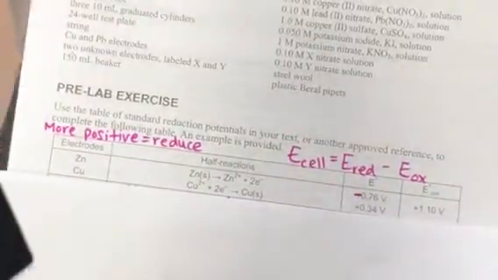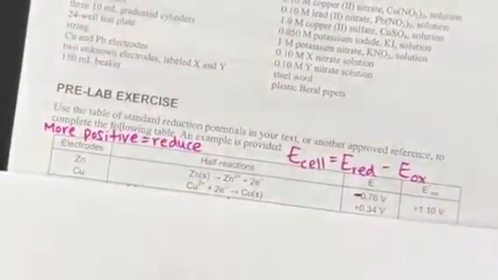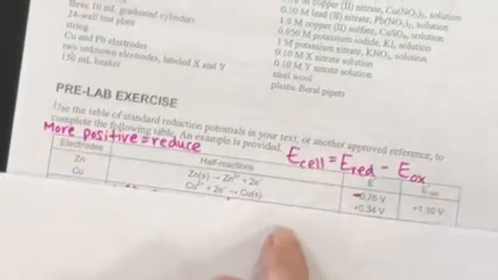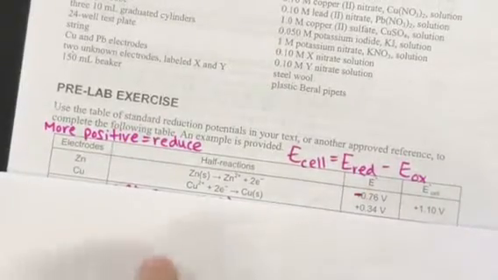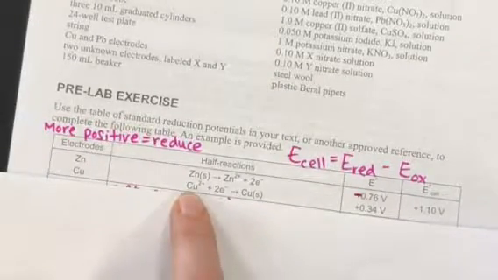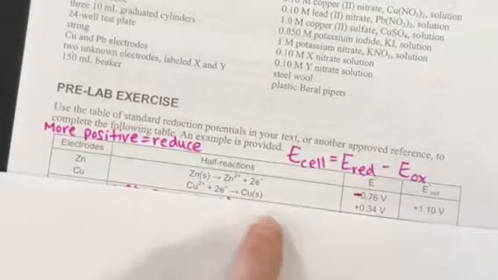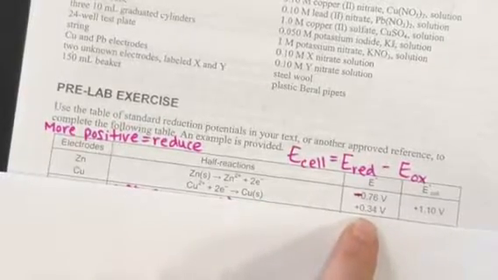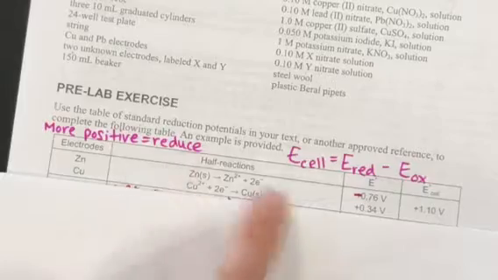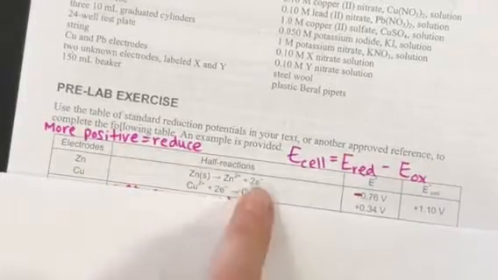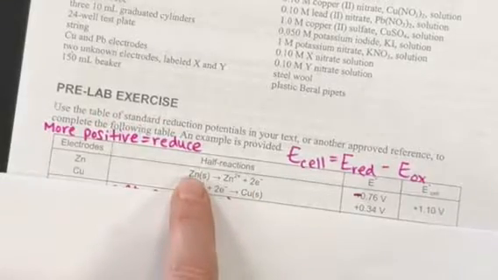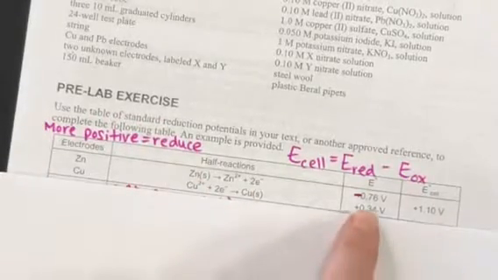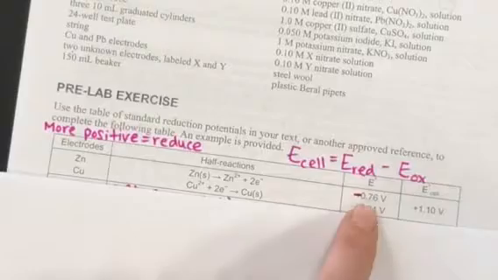As you think about which one is going to be the reducer and which one the oxidizer, if you have your table of cell potentials, you would notice that the cell potential for Cu2+ going to Cu solid is positive 0.34, and the reverse reaction in this case would have been Zn2+ plus 2 electrons, and the reduction potential would have been negative 0.76.